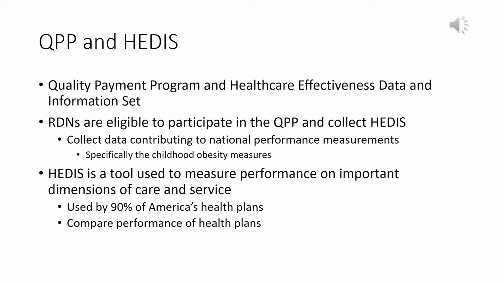And it is helpful because it allows us to compare performance of health plans to other health plans. Medicare has the Quality Payment Program, and they're basically evaluating whether or not quality health care is provided at reasonable costs and payments.